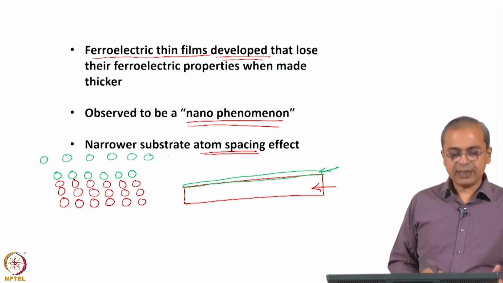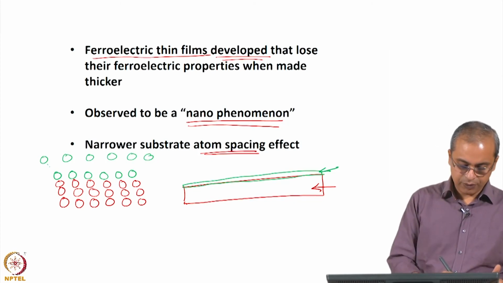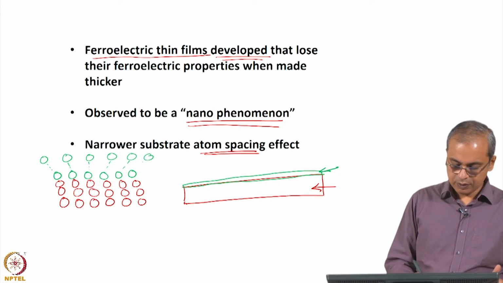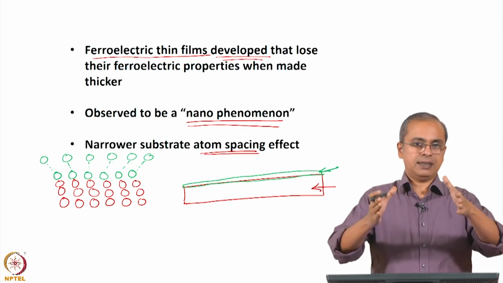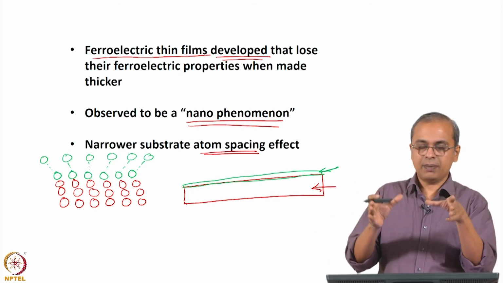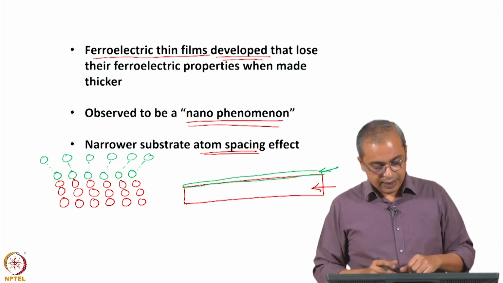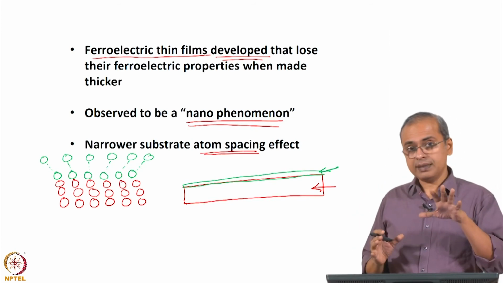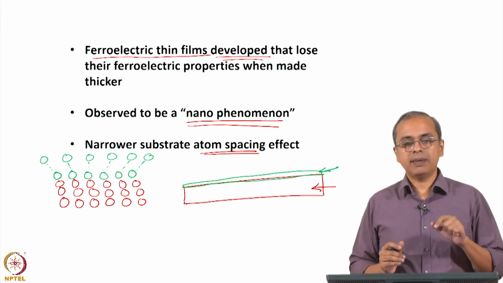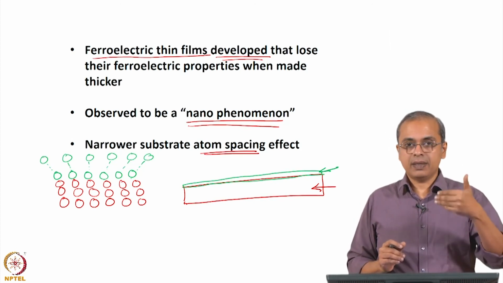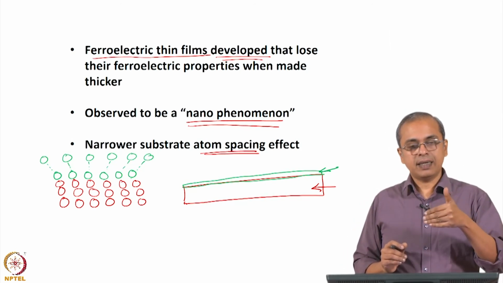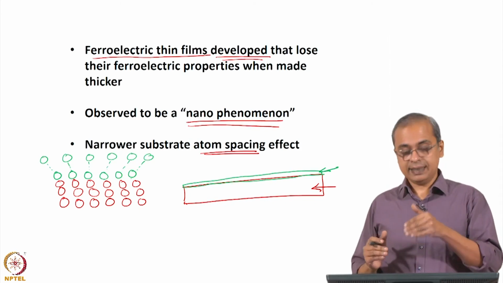You are taking a material that is widely spaced and you are trying to force it down. By doing so you are applying a compressive stress on that material and it is strained in a compressive direction. Therefore, they found that this strain seems to be having an impact on the ability of that material to show ferroelectric behavior under some conditions.